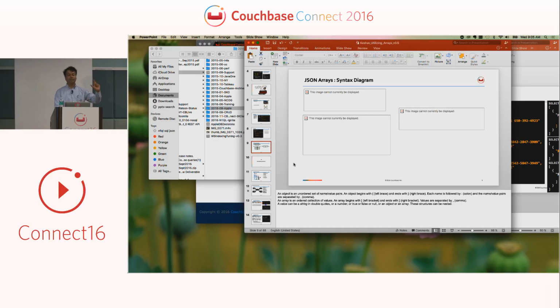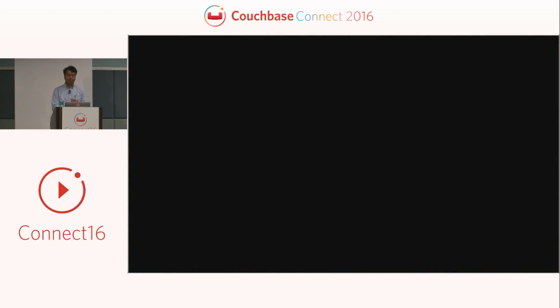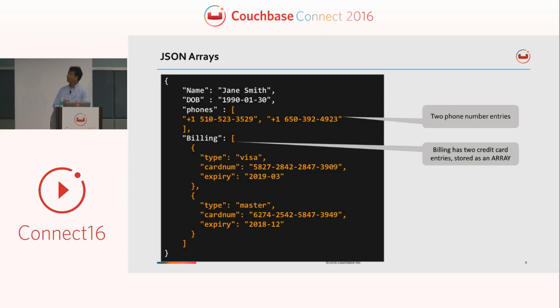So the basic syntax diagram within this is: each JSON document can have any number of attributes, and each attribute can have arrays of scalar values or arrays of objects.